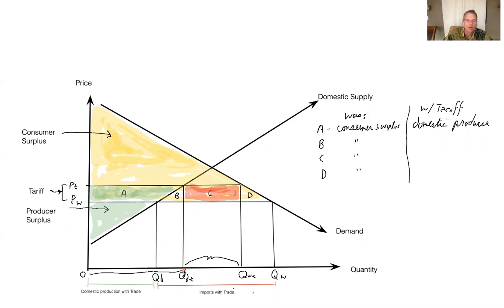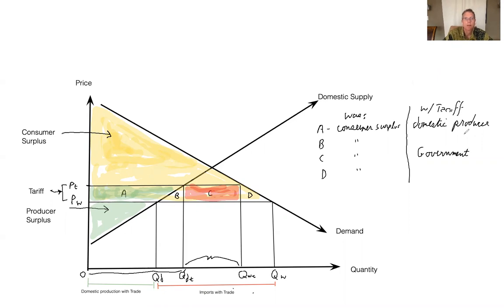So if this is 100 tubs of tofu and this is 25 cents a tub, then this is going to be a value of $25. And the place where that goes is to the government. So C goes to the government.